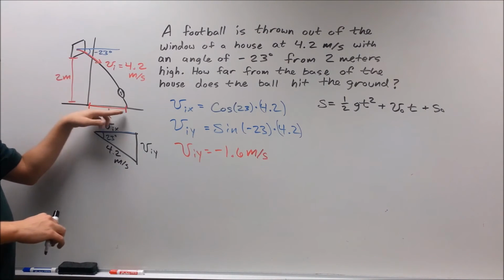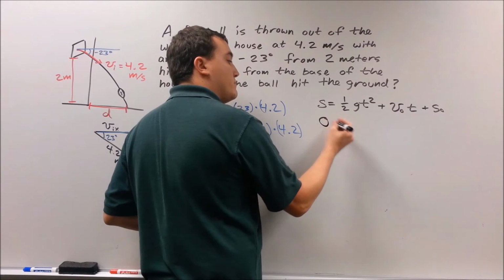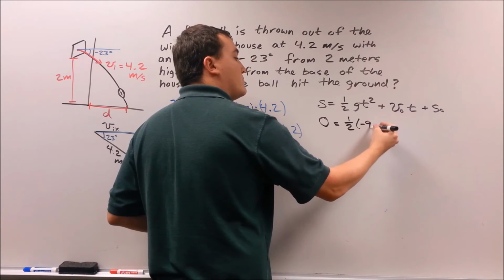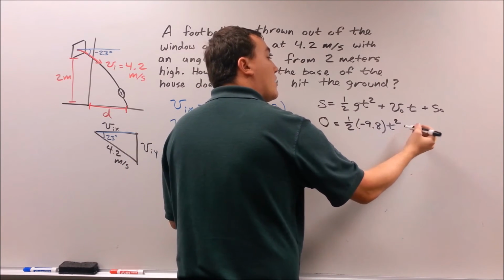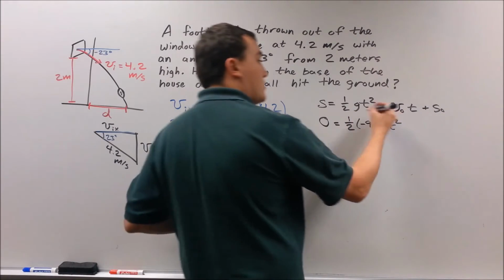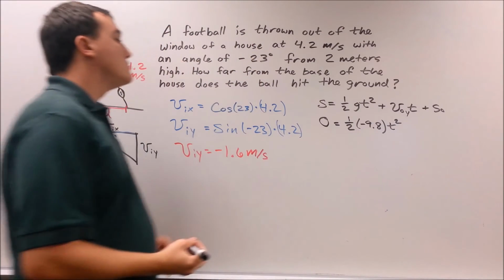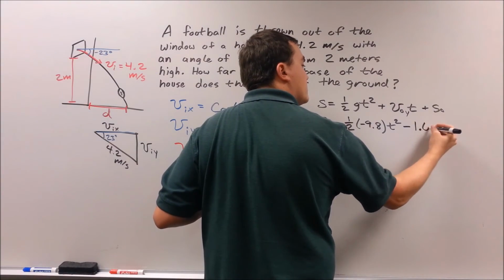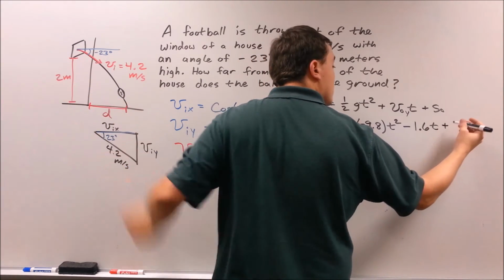We want to know when it hits the ground. So our final position is 0 equals 1/2 negative 9.8 t squared. Our initial velocity in the y direction, and that's what we're talking about here, is all y direction. Gravity is in the y direction, velocity is in the y direction, is negative 1.6. So minus 1.6 t plus initial position is 2.